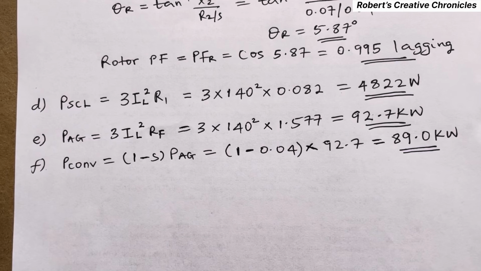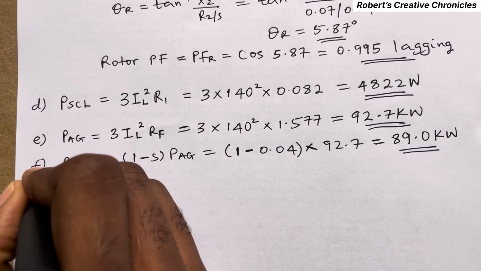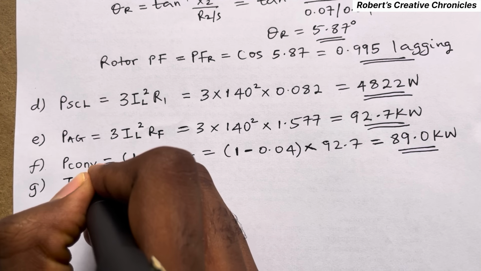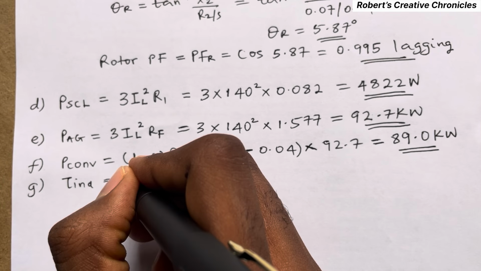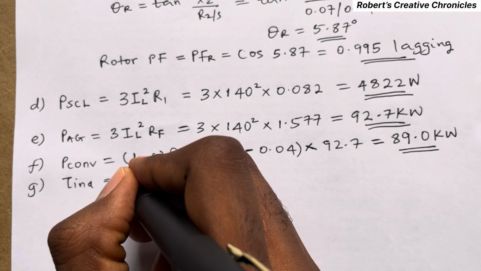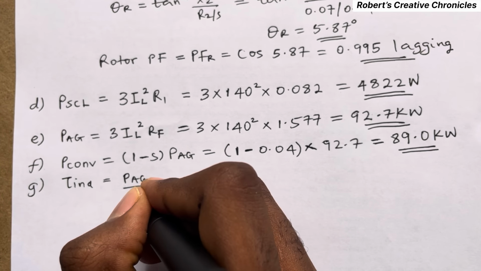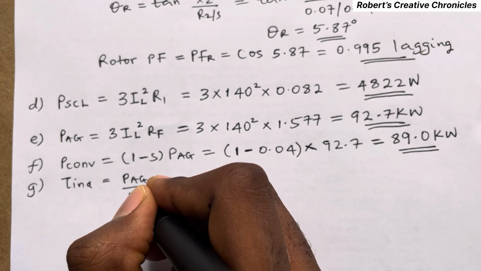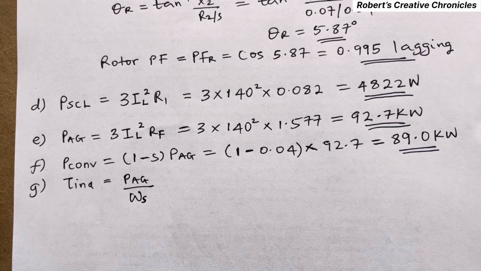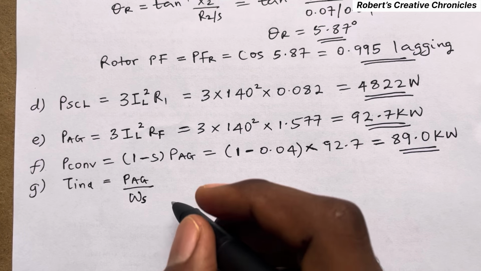Then the next one, G, is the induced torque. The induced torque is given by the air gap power over Ws. So now we have to find Ws in order to find this induced torque. Ws is the synchronous speed in radian per second.